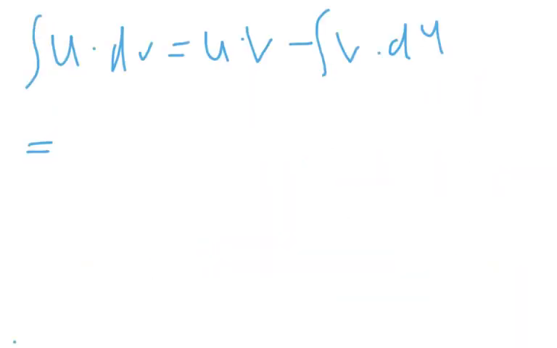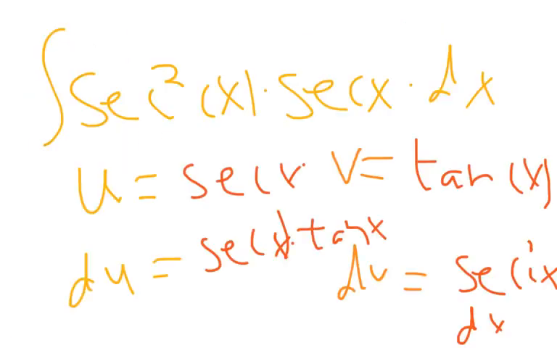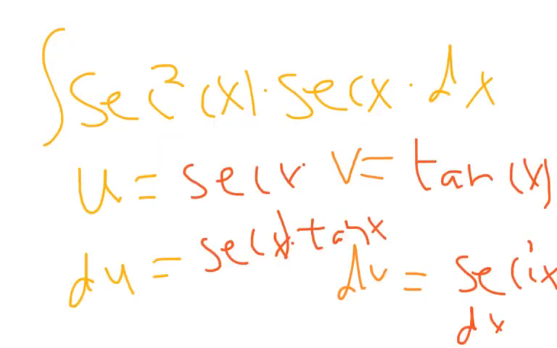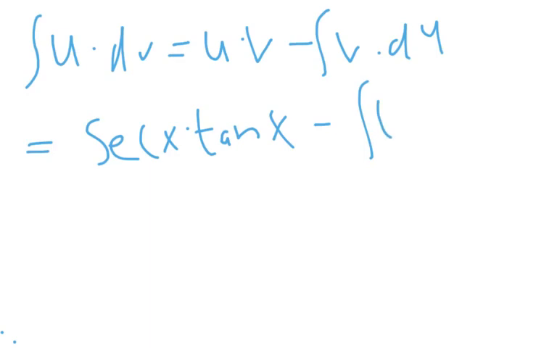So now it's just a matter of plugging in once again. So we've got our secant of x, and then for our v will be tangent of x, and then for our v du, again, our v is tangent of x times our du is secant of x, tangent of x dx.